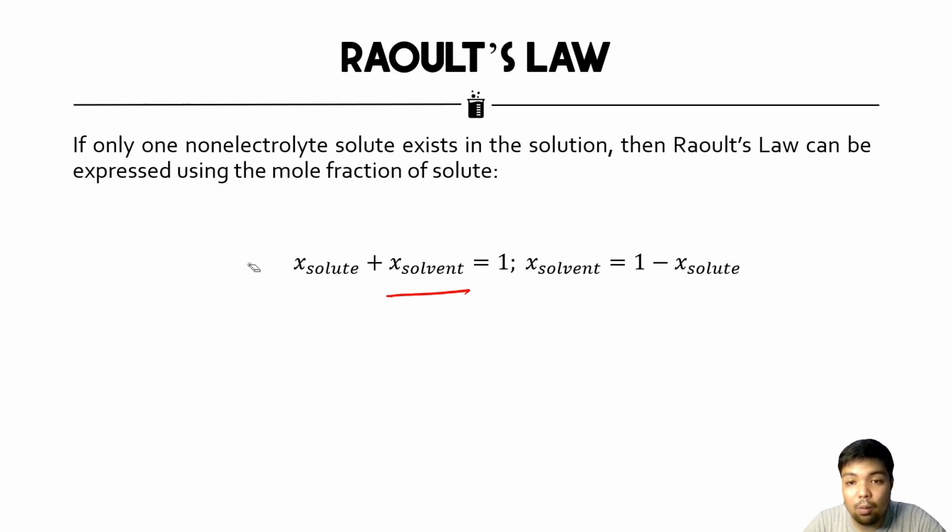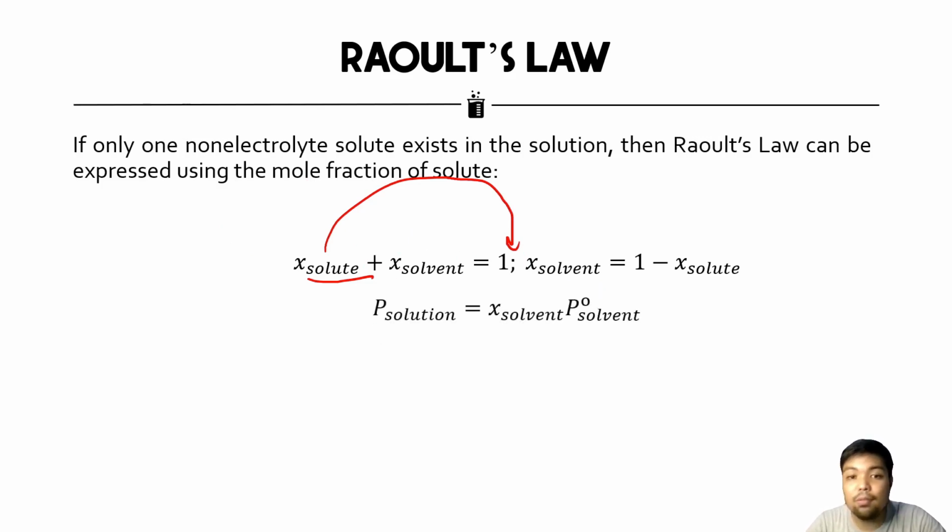Okay? So, we can express the mole fraction of the solvent in terms of the mole fraction of solute by transferring this to the other side of the equation. So, from positive, maging negative siya. So, the mole fraction of the solvent is equal to 1 minus the mole fraction of the solute. So, going back to our expression of the Raoult's law, we substitute this expression here, and we'll be given this expression.